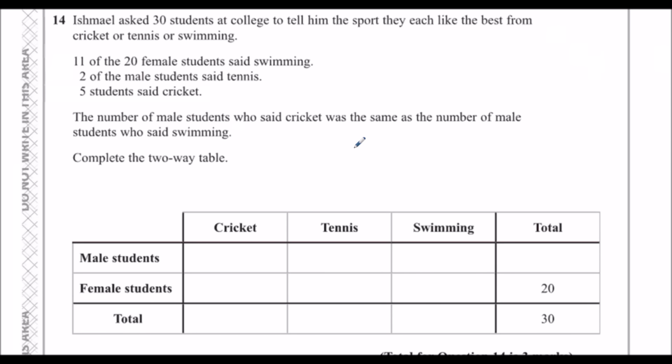Question 14. Ishmael asked 30 students at college to tell him the sport they each like best from cricket, tennis and swimming.